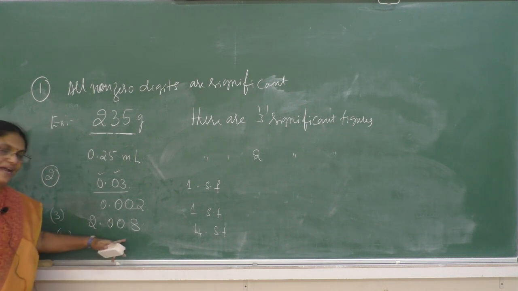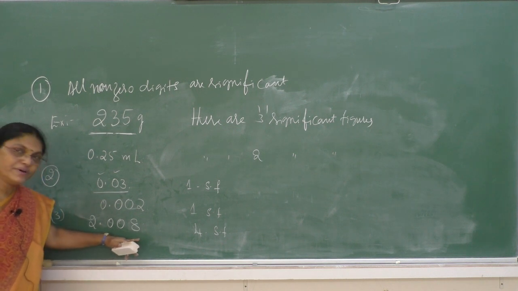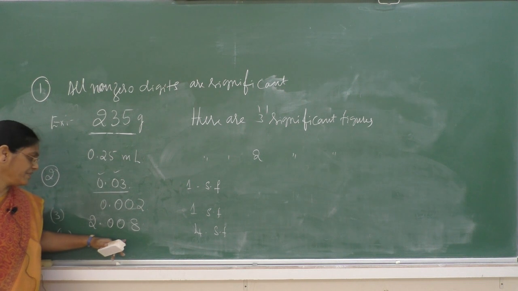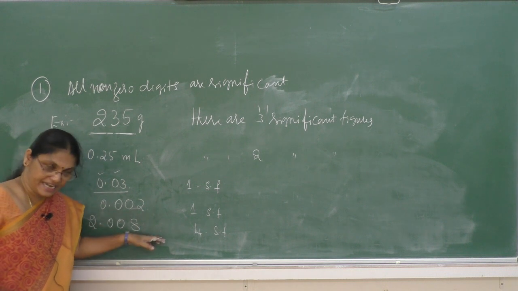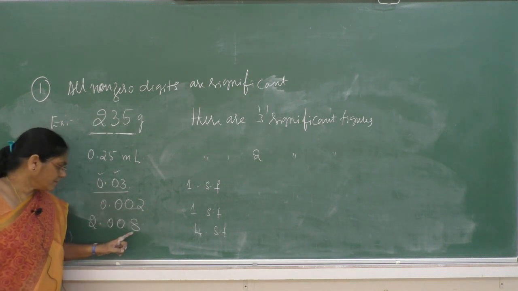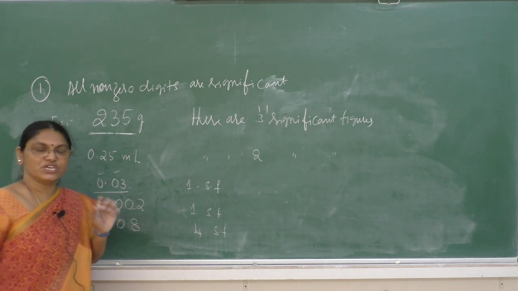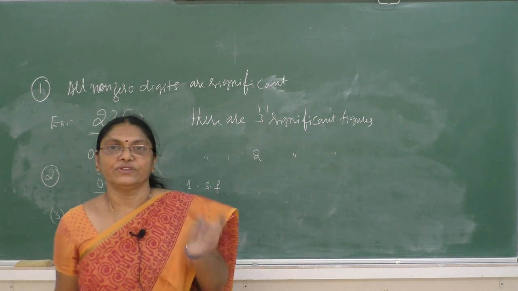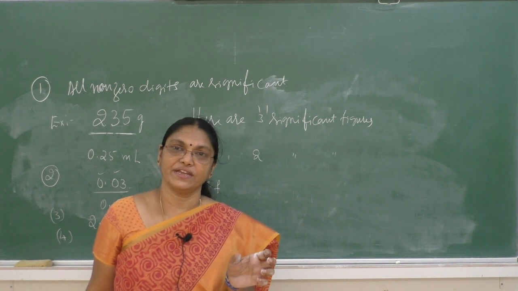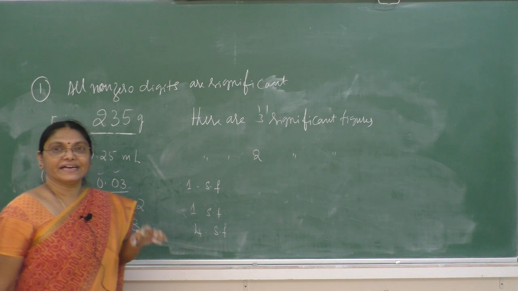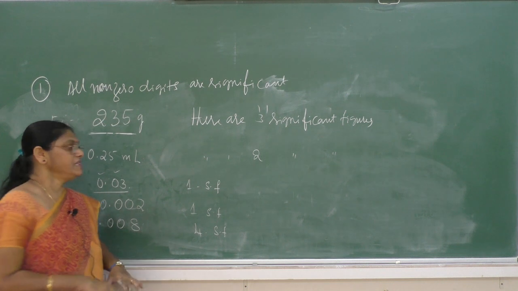The zeros at the end, to the right side of the number, are significant, provided they contain a decimal point.